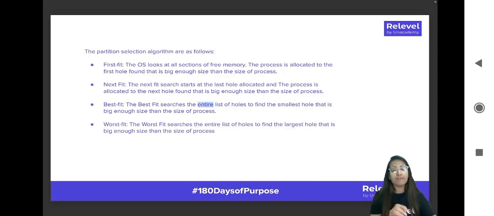For example, if there is a process P1 of size 8 KB, and there are holes of size 6 KB, 10 KB, 12 KB and 15 KB. The process is 8 KB and there are holes of size 10, 12 and 15, so we would put it in 10 so that there is as little wastage of space as possible. So we search the entire list of holes to find the smallest hole that is just big enough for the size of the process.